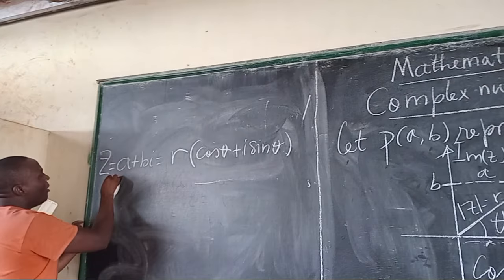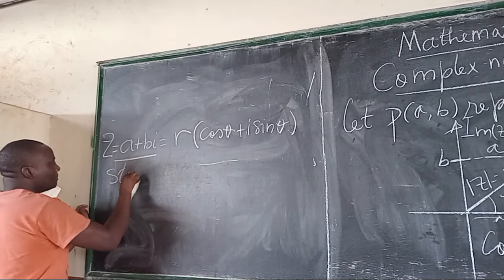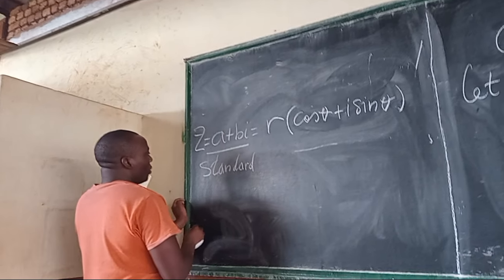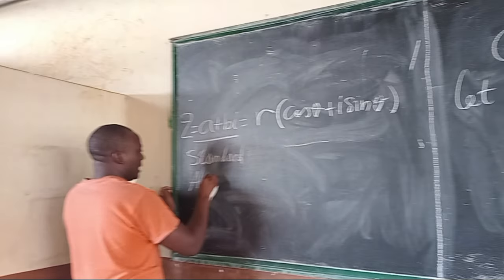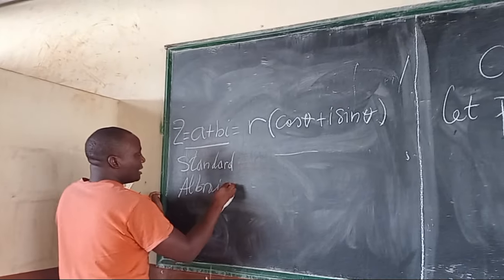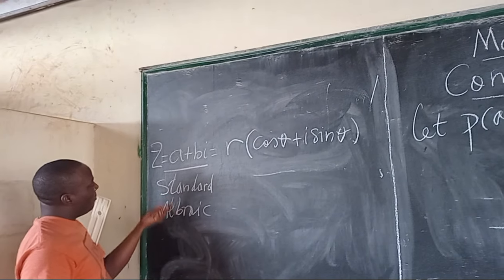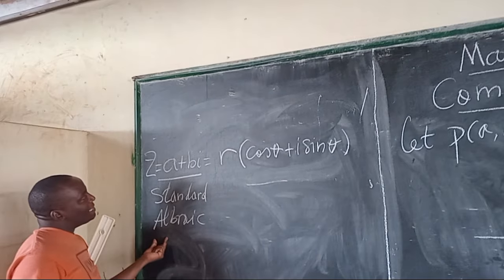This form is what you call standard or algebraic form. They are four related ones: standard form, algebraic form, Cartesian form, the same as rectangular form.